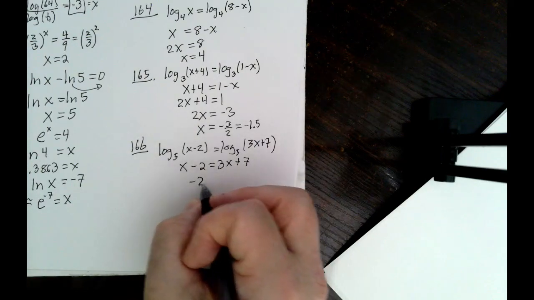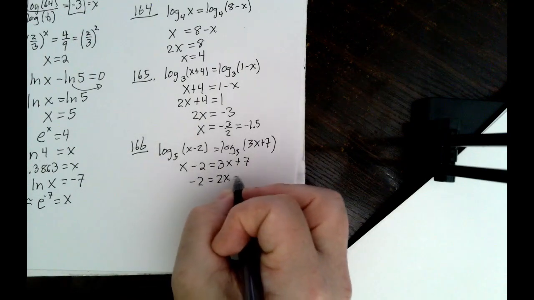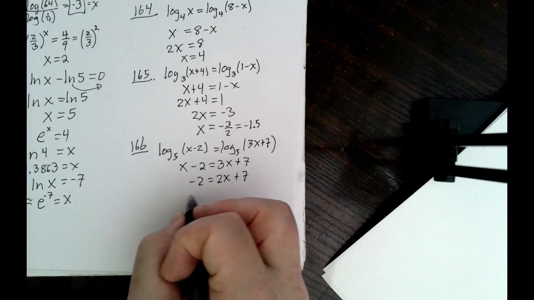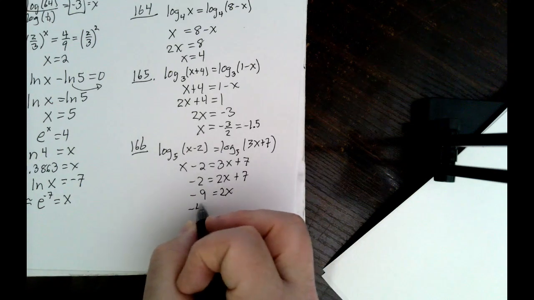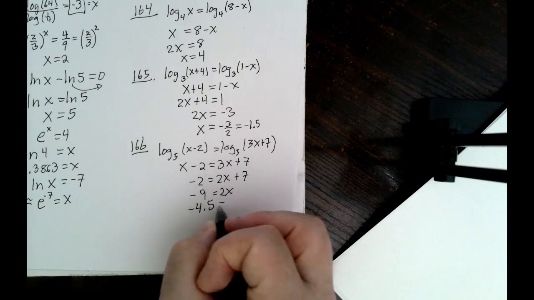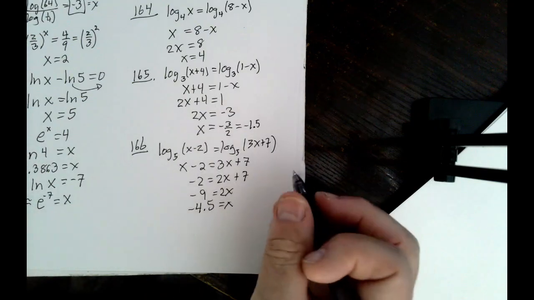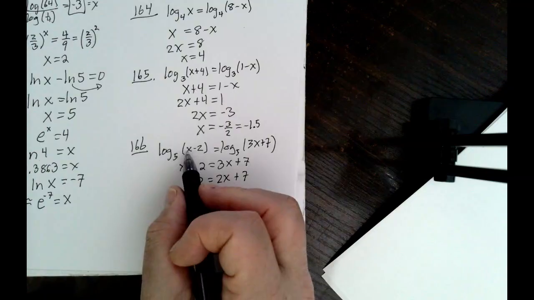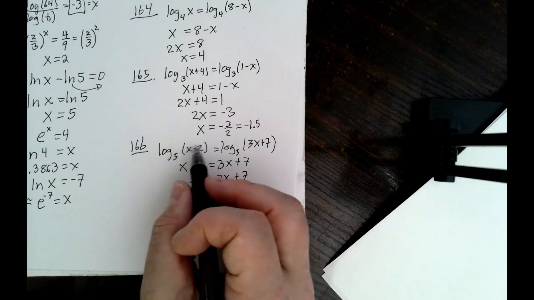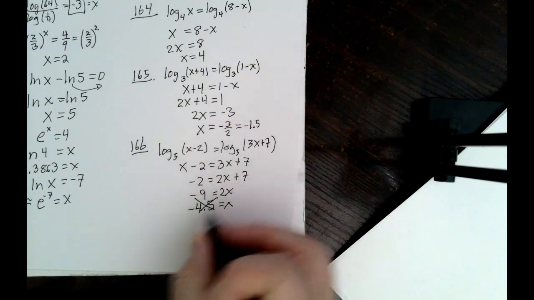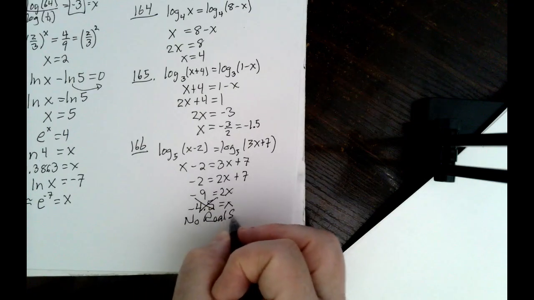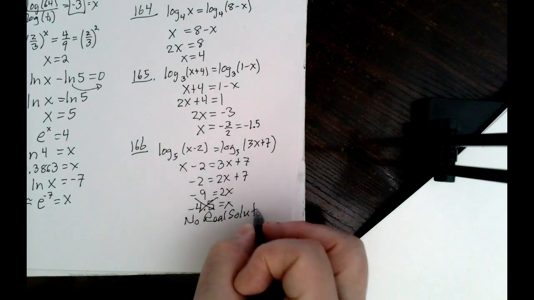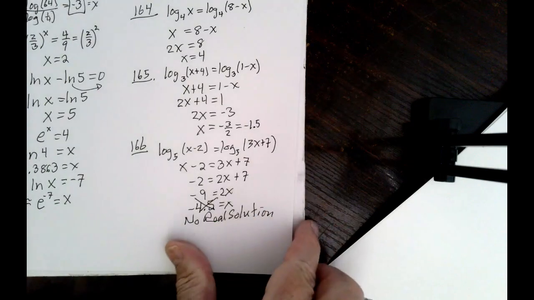Subtract x, subtract 7, divide by 2. Now here when you plug a negative 4.5 in there and subtract 2, that's a negative number. So this one has no real solution. It has an imaginary one, but we won't deal with imaginary numbers in this section.